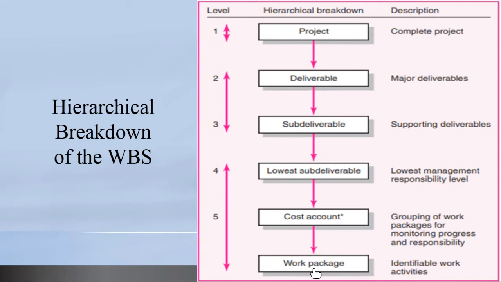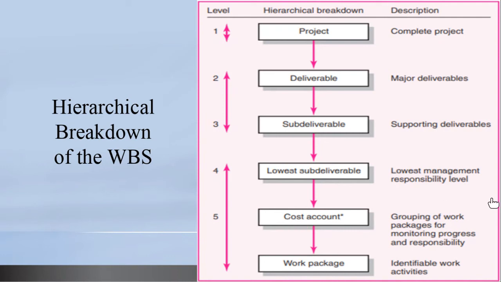So that is now a work package. You have multiple work packages that will form a cost account, because a cost account essentially is the grouping of work packages for monitoring the progress and to assign the responsibility, who has responsibility for delivering this work package.